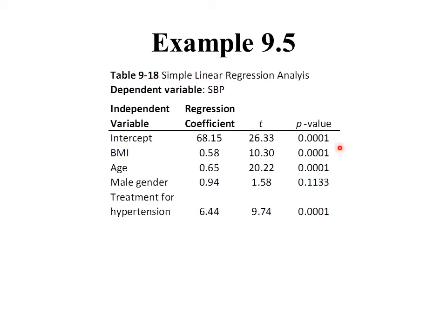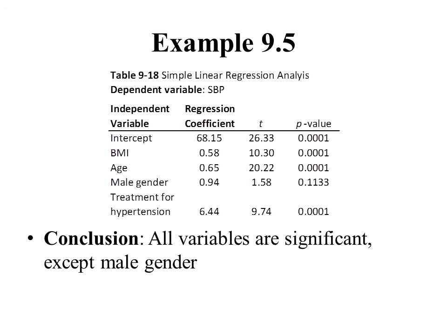So this p-value is small, this is small, this is small, this is large, this is small. So it looks like everything is significant except for male gender. So all variables are significant predictors of systolic blood pressure except for male gender. Okay? And so that means that age and treatment for hypertension are confounding variables.